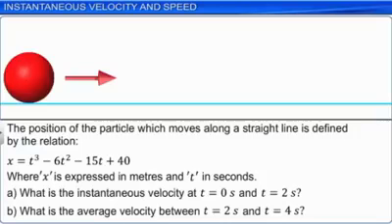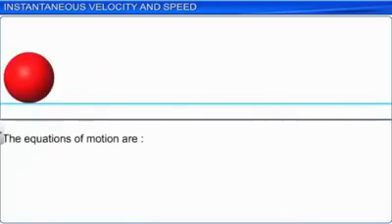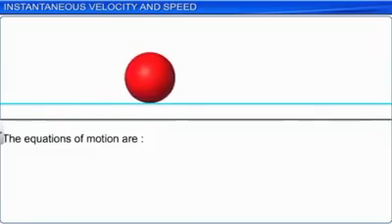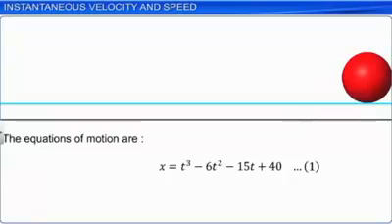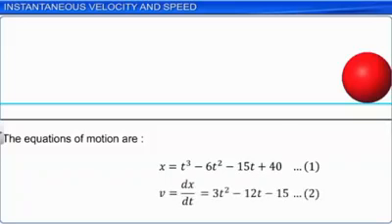Solution: the equations of motion are x is equal to t cube minus 6t square minus 15t plus 40, and v is equal to dx by dt is equal to 3t square minus 12t minus 15.